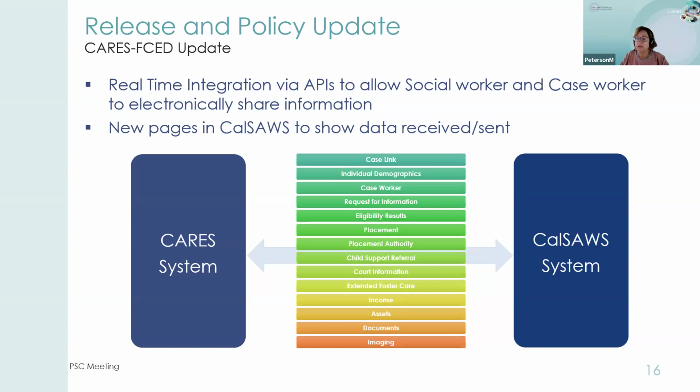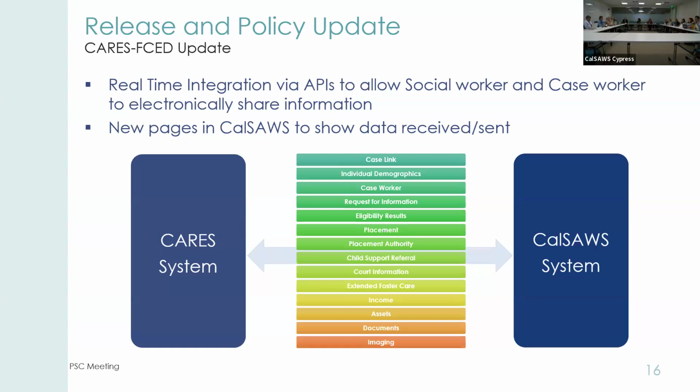So we're going to be scheduling a meeting with the CARES team to talk about the mitigation plan to resolve those risks. That's what we're working on right now. Lisa, do you want me to pass this to you or Jason?